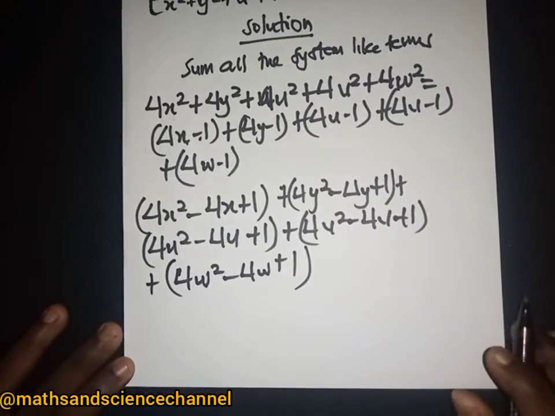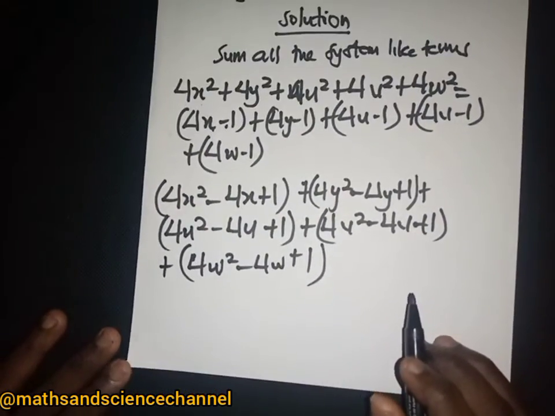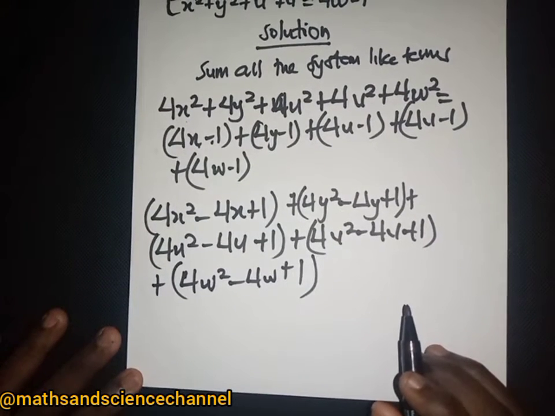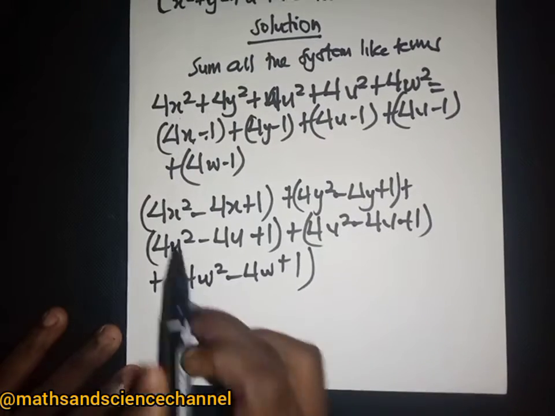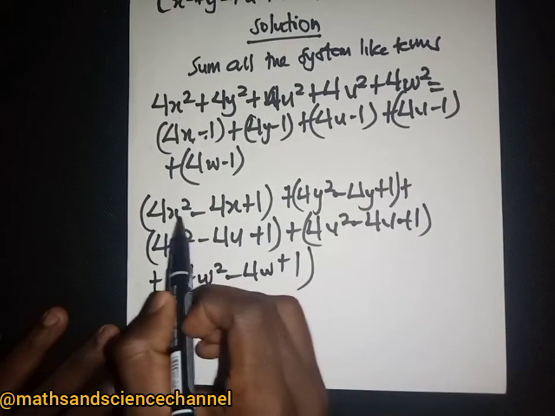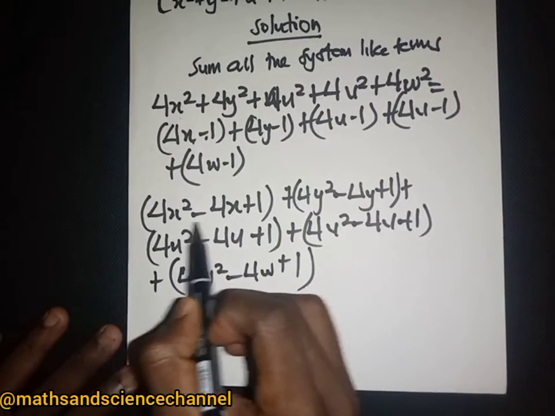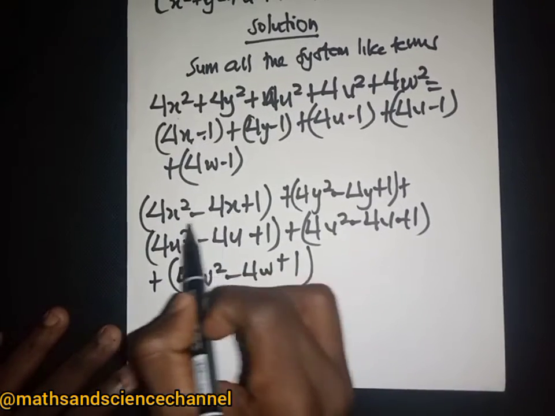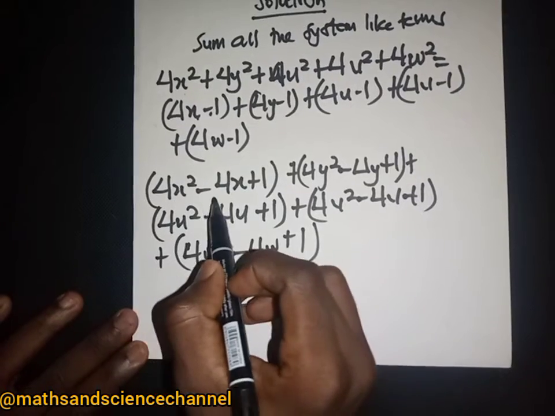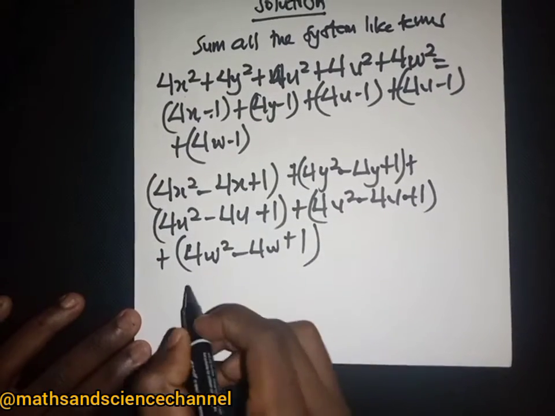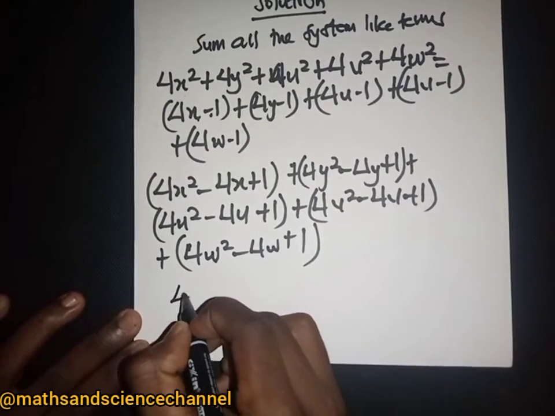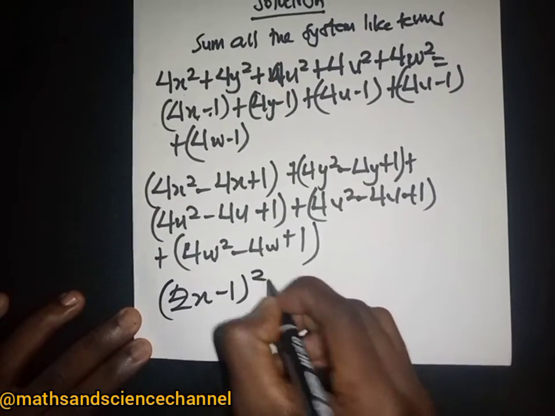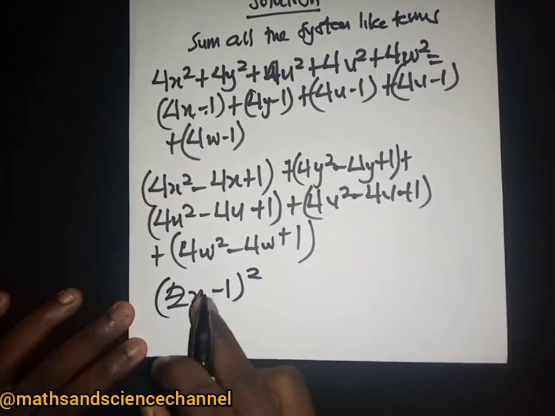So now what we did is to group like terms here. Since we've grouped the like terms, you realize that we have the difference of squares here, so we can reduce this. We have 4x squared minus 4x plus 1, which is the same as having 2x minus 1, all squared.